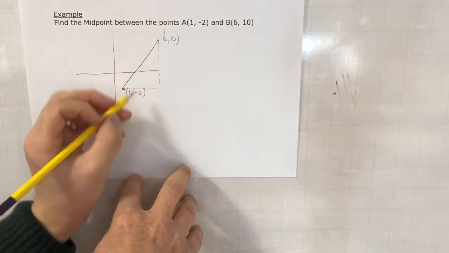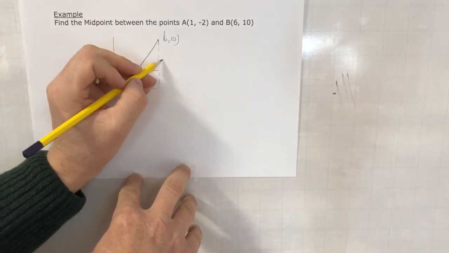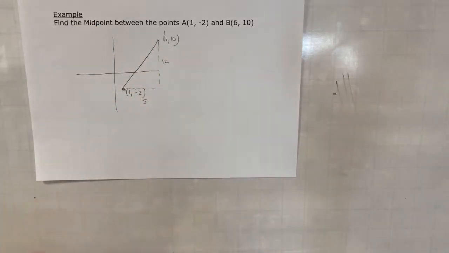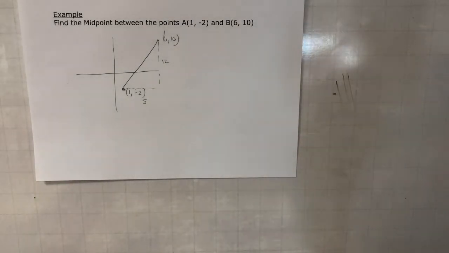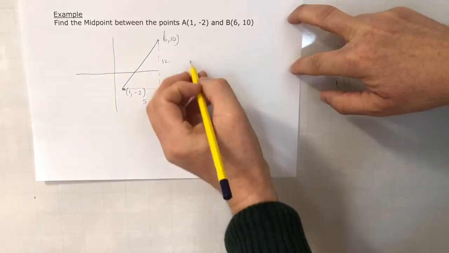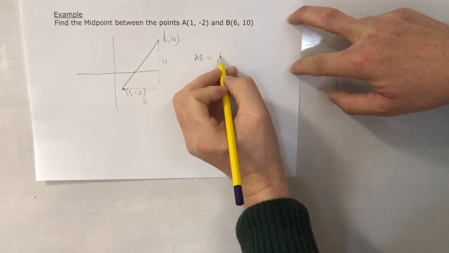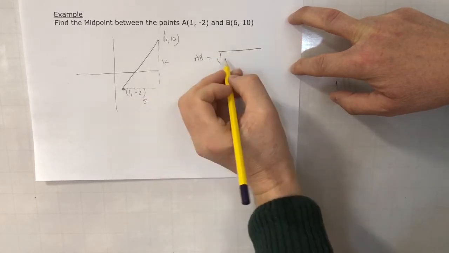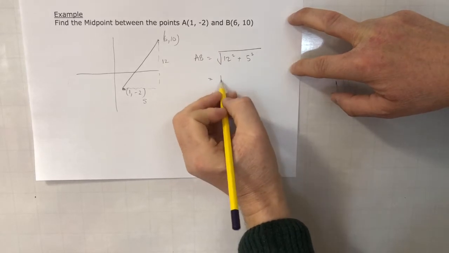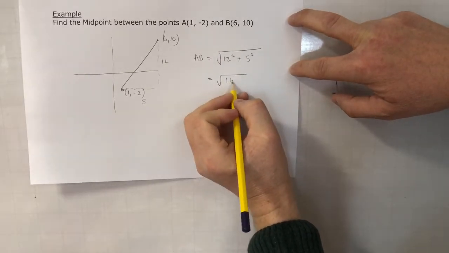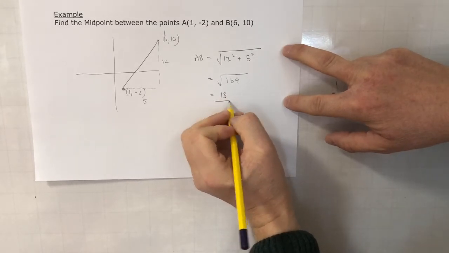So from there to there, we have gone 5 across. From there up to there, we've gone 12 units up. So therefore, the distance from A to B is equal to the square root of 12 squared added to 5 squared, which calculated or otherwise is the square root of 169, which is 13.